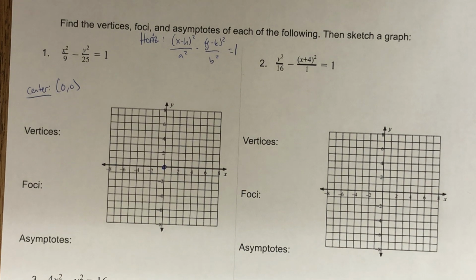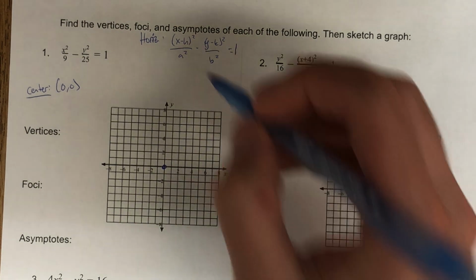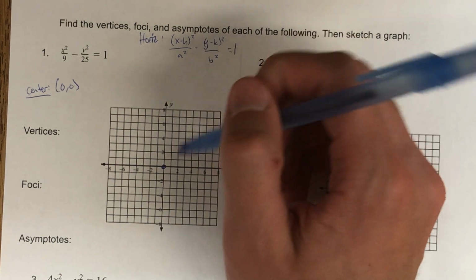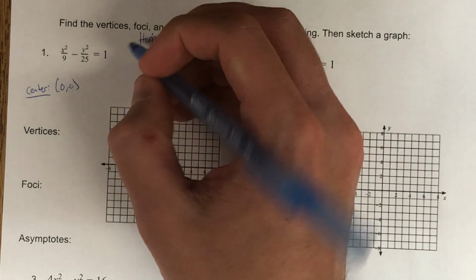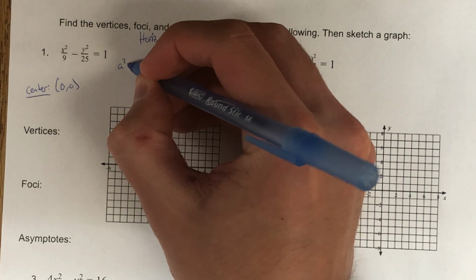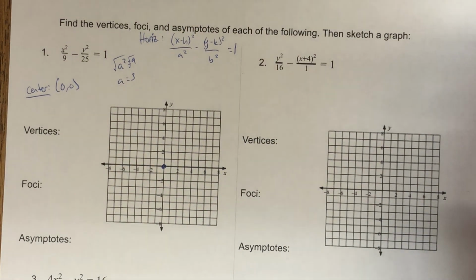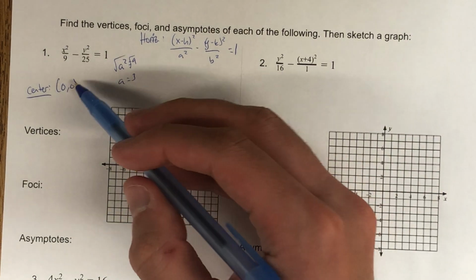The way we find our vertices is from the a value. The a value tells us the distance from the center to our vertices. Here we know a squared is 9, so a would be 3 when we take the square root. So our vertices would be a distance of 3 from the center.